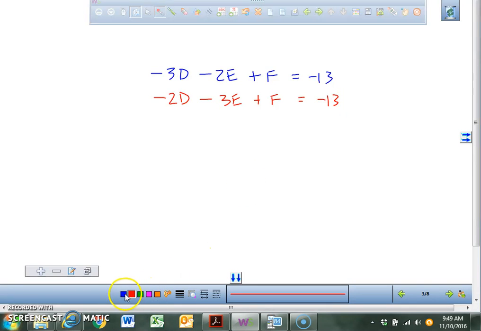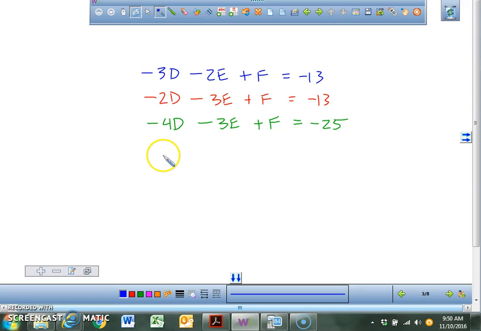Okay. And last but not least, the third equation. -4D minus 3E plus F equals -25. All right, so right now, everybody, this right here is all three equations that you need to set up, all lined up over each other. So go and get those down.